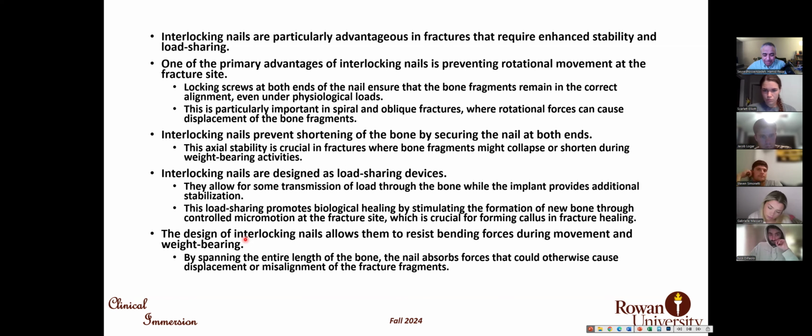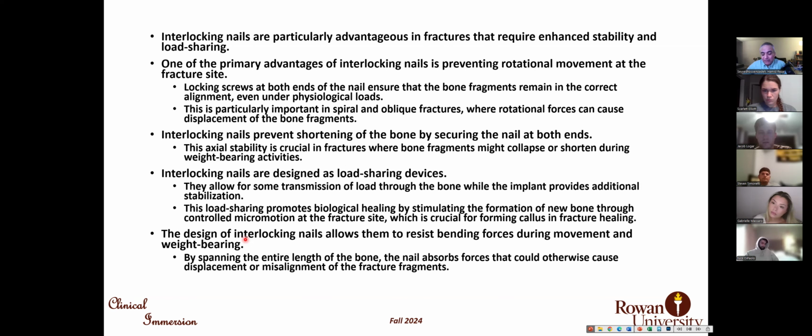We try to use one size smaller to allow the rotational and compression movement, so we can have load sharing instead of load bearing in the nail.